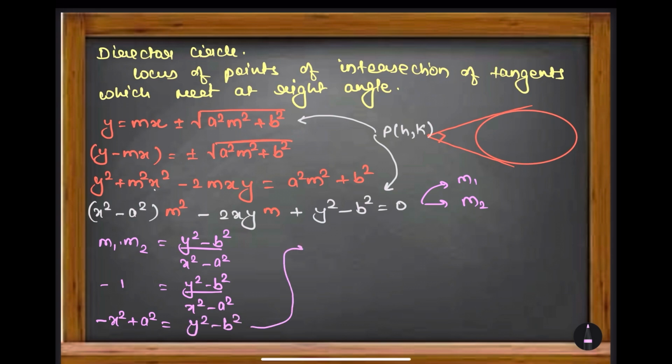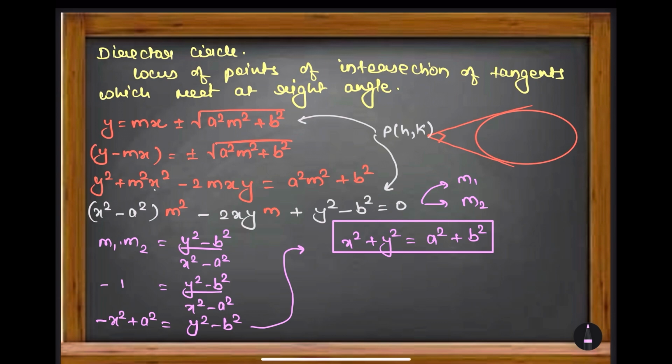Now you can update this equation by writing x square plus y square equals a square plus b square. So this is your equation of director circle in the case of ellipse. In case of parabola, we have the directrix as the director circle.